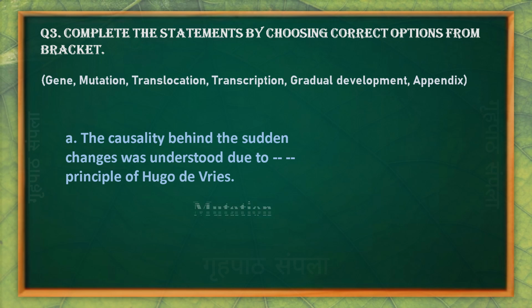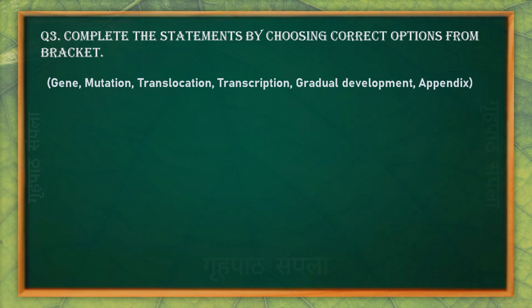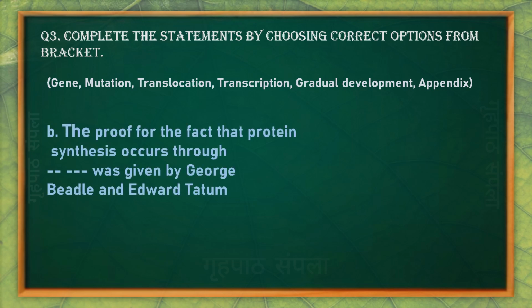Answer. Mutation. B. The proof for the fact that protein synthesis occurs through dash was given by George Beadle and Edward Tatum. Gene.